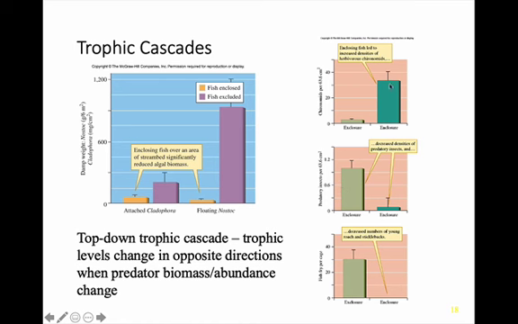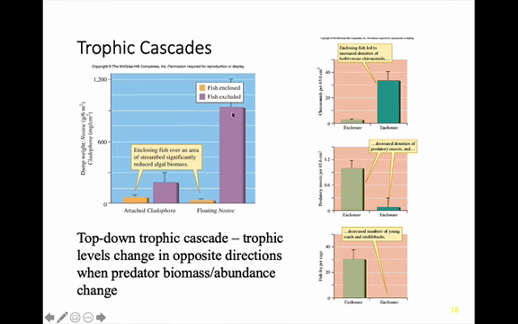Oh, I'm sorry, I've got the wrong side here. This is the enclosure. So you increase the density of the herbivores because you've consumed all of their predators. Well, okay, if herbivores don't have predators anymore and the fish aren't eating the herbivores, then the herbivores are left to absolutely destroy the algae.